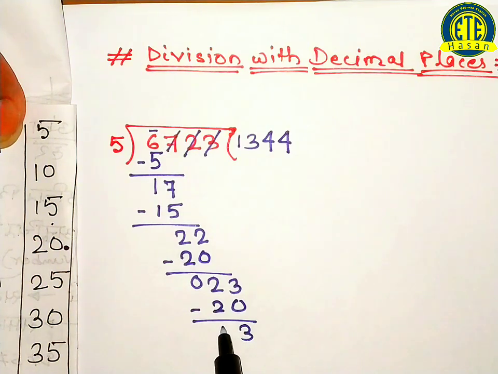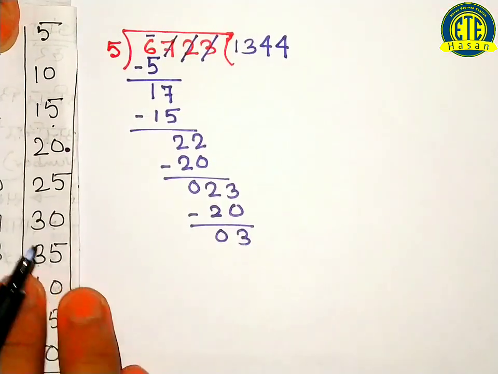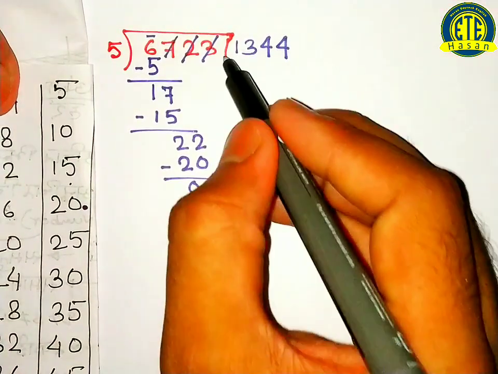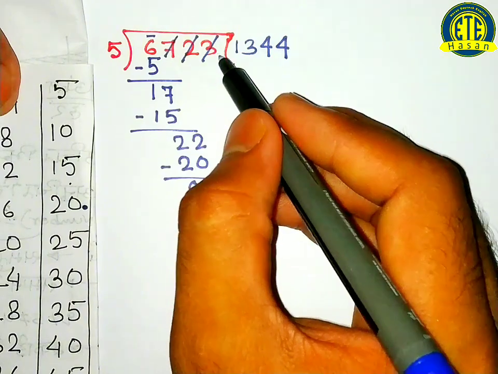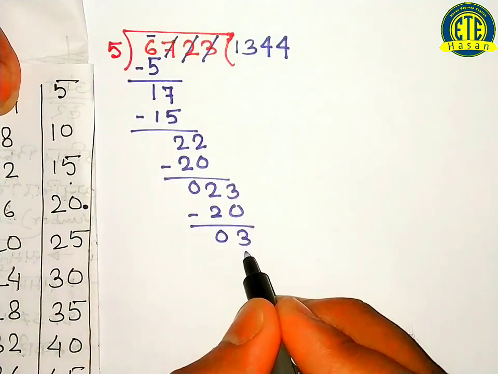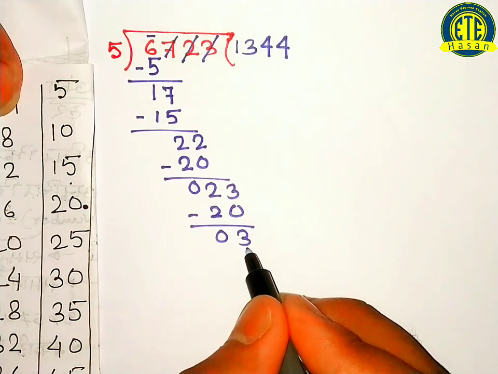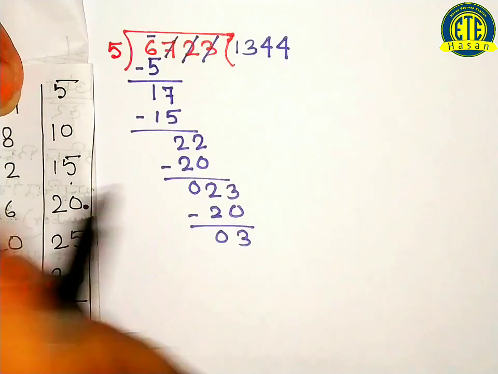2 minus 0 will be 0. After subtracting, we have to write down our next number. Is there any next number here? No. But we got a remainder 3. So we have to make this 3 tend to 0 after the decimal place.